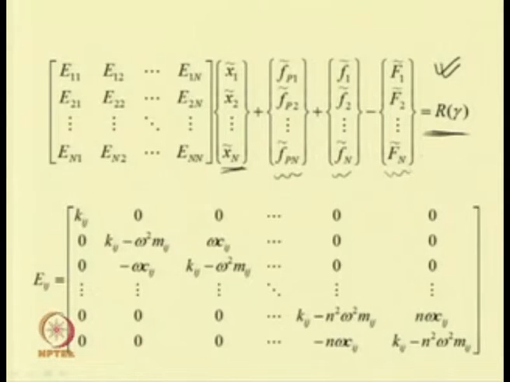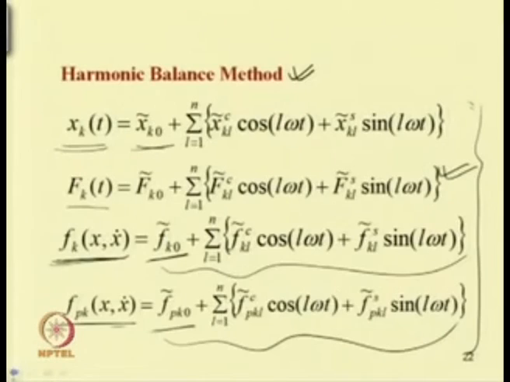We have taken all the forces to the left hand side and substituted these equations in the original equation. As these are approximate solutions, the right hand side will never be equal to 0, but there will be some residue. This residue is retained by writing R gamma.